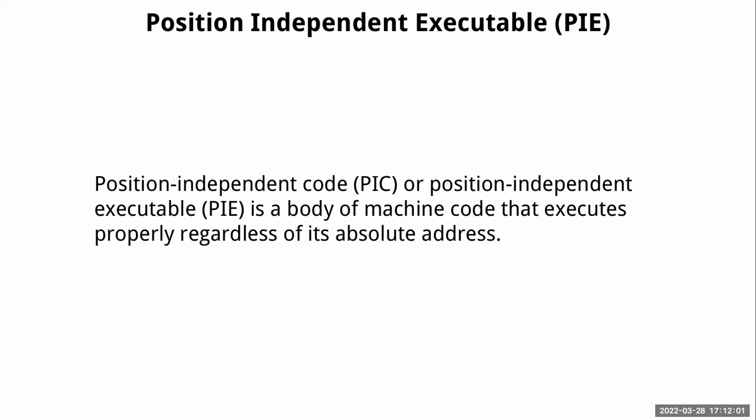But there are instructions whose functionality is somehow related to where they are. For example, if an instruction loads from another memory location that is relative to itself, say it loads a byte from a location 200 bytes away from it.